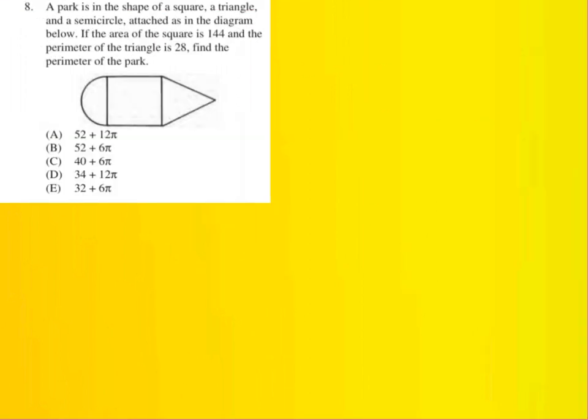Now what we have is the shape of a park, and with that we also know that this square has an area of 144. So square is 144, which means each side is 12 units. So basically this is 12, this is 12, this is 12, and this is 12.